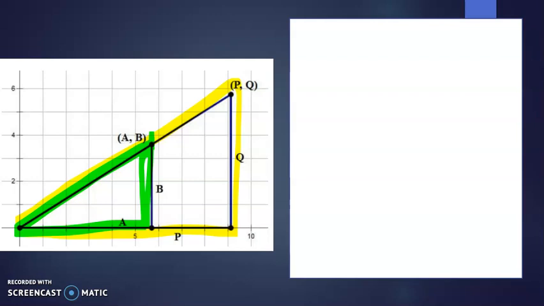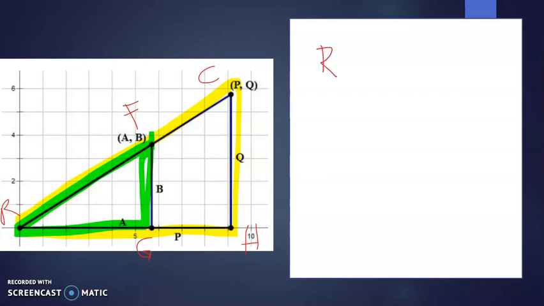This would be H, and this could be R. Let's make this C and this F and this G. I just put letters around the vertexes.